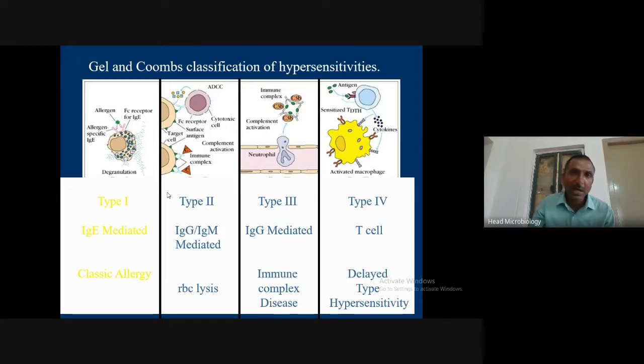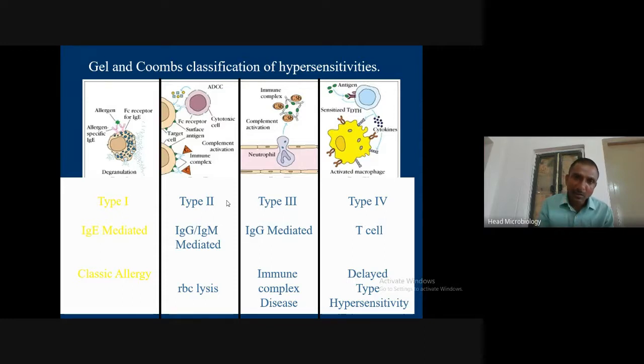Type 2 hypersensitivity is RBC lysis. RBC lysis means the blood cells are ruptured, and here immunoglobulins G and M are mediated with type 2 hypersensitivity.